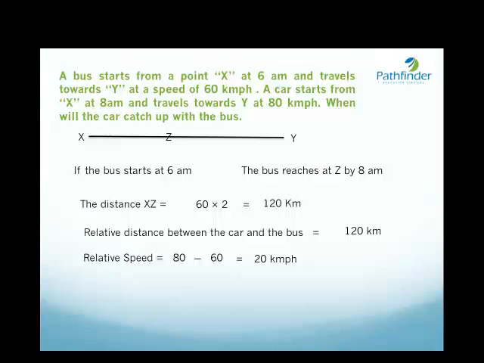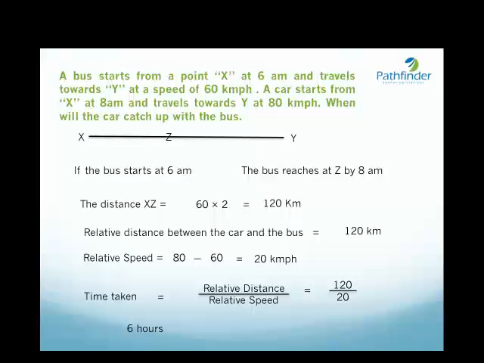So what is the time after which the car will catch up with the bus? The car will catch up with the bus after a time that is equal to the relative distance divided by the relative speed. Because we have taken relative distance in the numerator, we need to take relative speed in the denominator here. So what is our answer? 120 divided by 20, that is 6 hours.